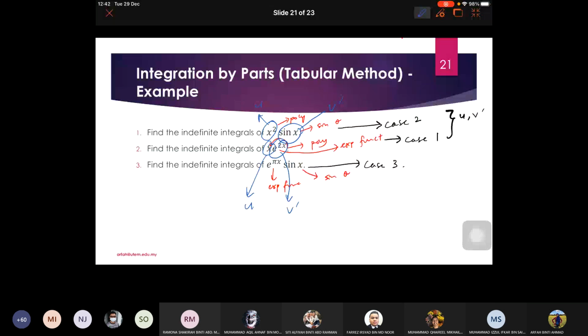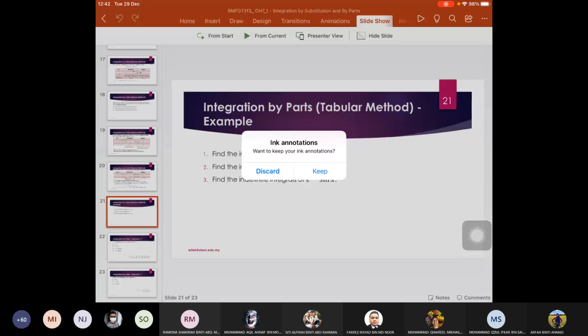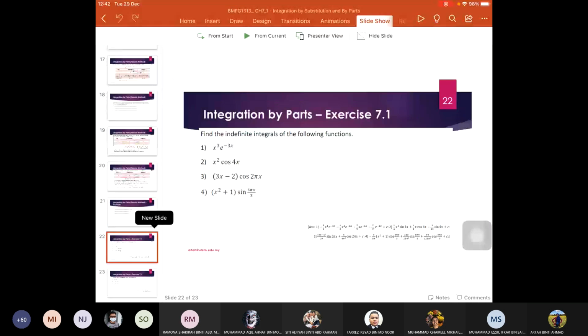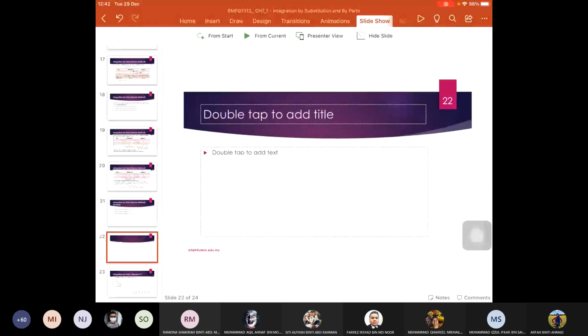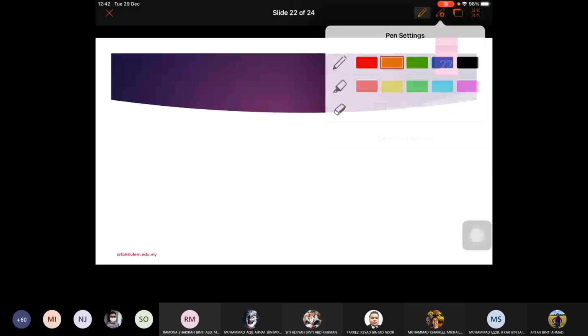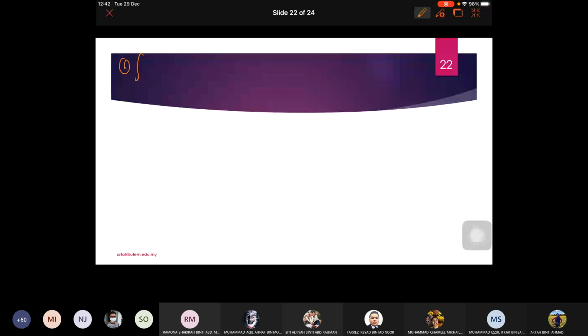So daripada sini, let's try the first example. Integration of x squared sin x dx, and this one is your u and this one will be your v prime.